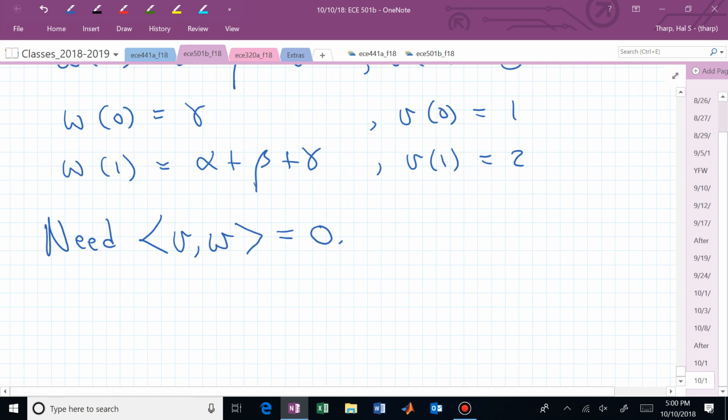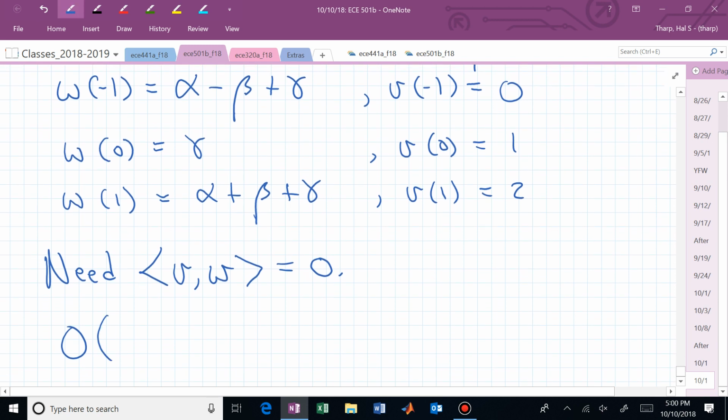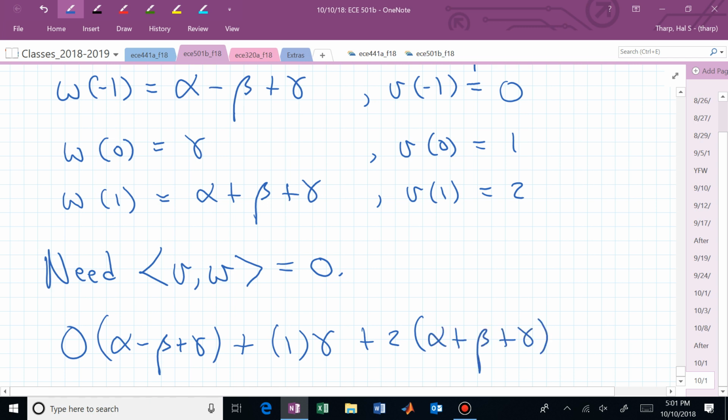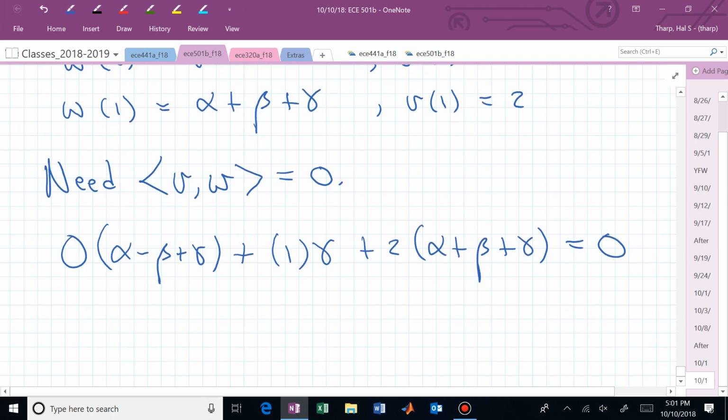So now I have V of minus 1, which was 0, times W of minus 1, which was alpha minus beta plus gamma. So that coefficient goes away. Whew. That was a messy coefficient. So now we don't have to worry about that. Plus 1 times gamma plus 2 times alpha plus beta plus gamma, and we want that to be equal to 0.